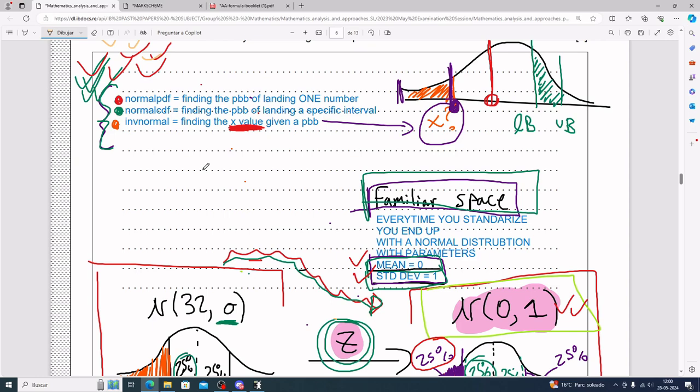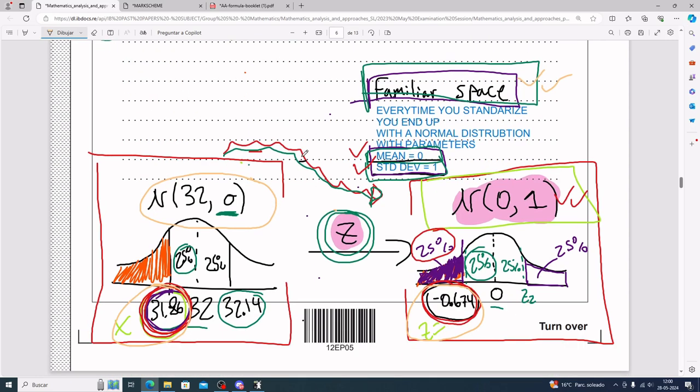And so standardizing, and this is another thing to keep in mind, in the real world, you standardize because it makes things very comparable. It makes it a familiar space, and it just makes it more comparable, right? So if everything is in standardized values, it's easier to compare than if you have a bunch of different parameters going around, see? And so standardizing is useful for comparing.